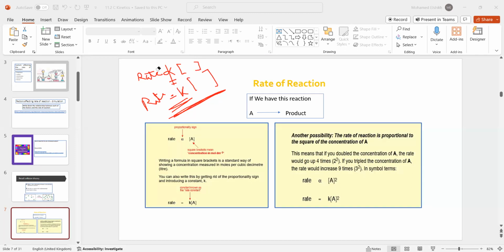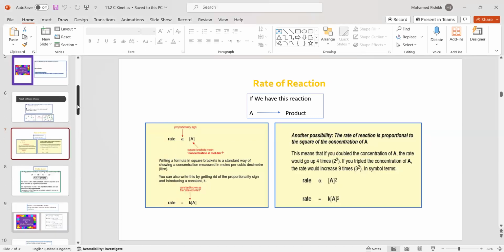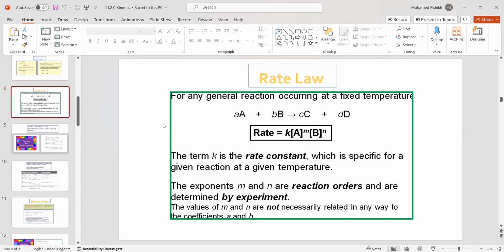Let's move to the next slide. So basically, if we have this equation here with A and B, the rate of this chemical reaction depends on the concentration of these reactants, A and B. And as you can see here, they are raised to the power m and the power n.